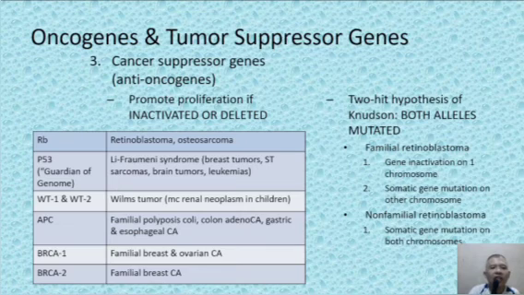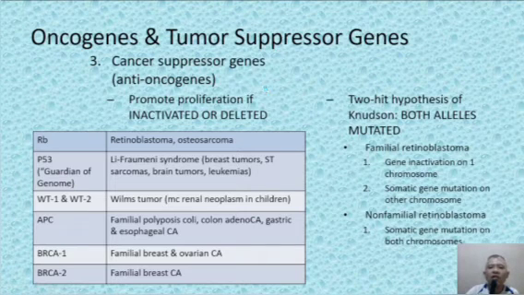Next, we mentioned oncogenes and proto-oncogenes. Now we mention cancer suppressor genes, or tumor suppressor genes. These are genes that, when present, suppress the tumor, but when absent, promote proliferation or persistence of the tumor.